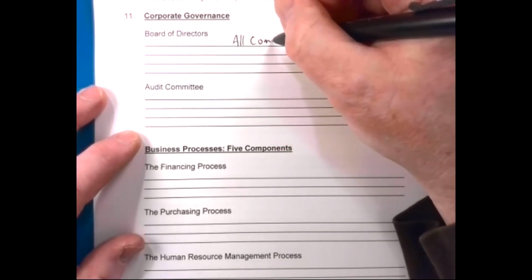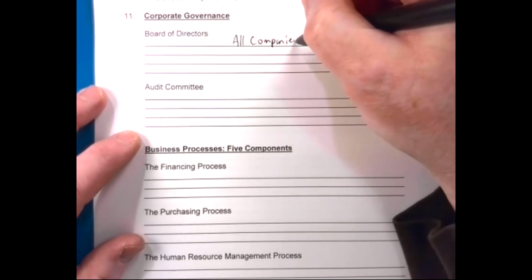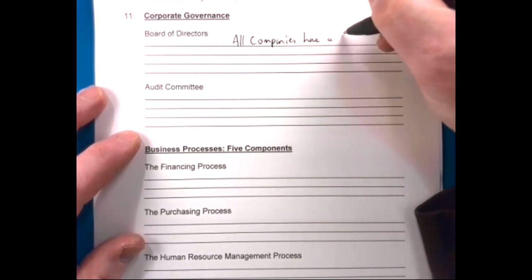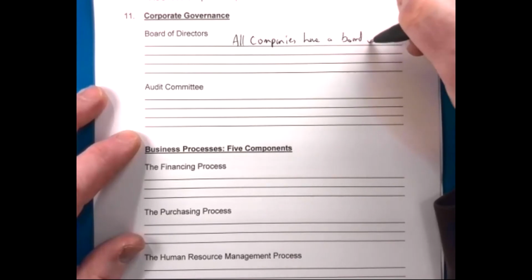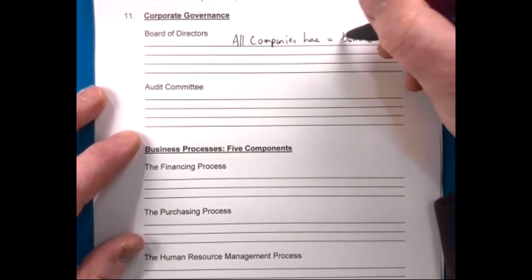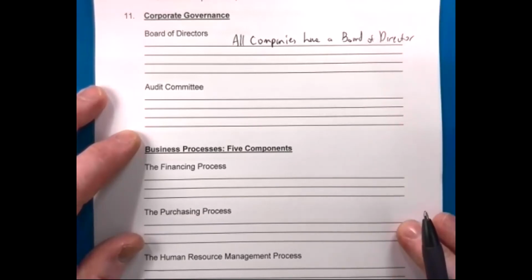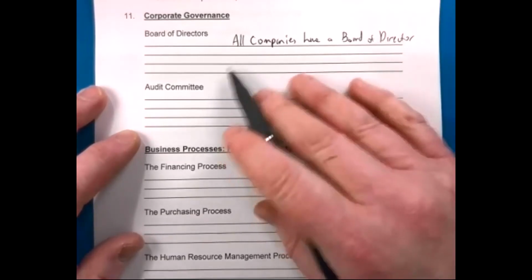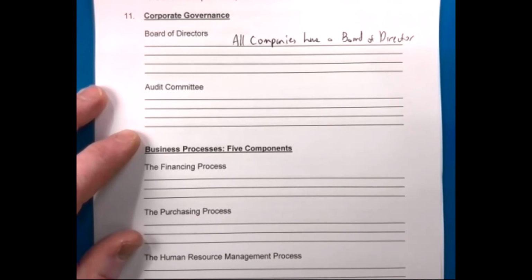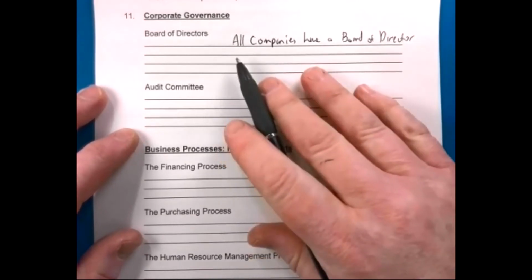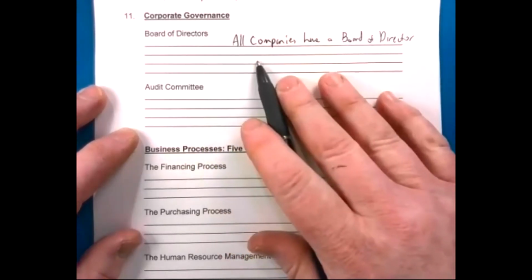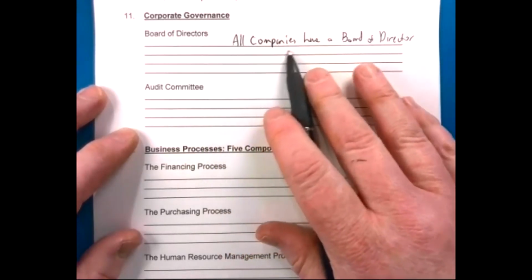It might be whoever owns it. So all companies have a board of directors. Again, if it's just a one-person company, it just has one person basically on the board. One person has to be in control. But certainly larger companies will.